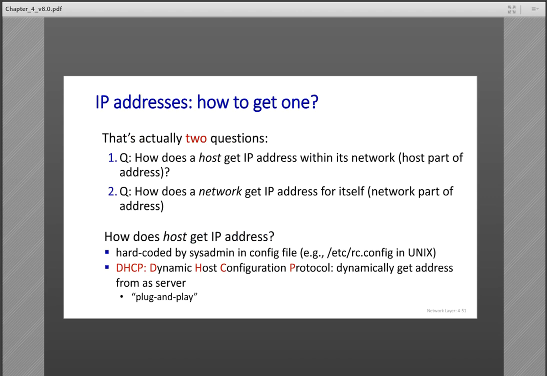Okay, how does an IP address work? I'm looking for an IP address in a network, and maybe I decided to get an IP address.